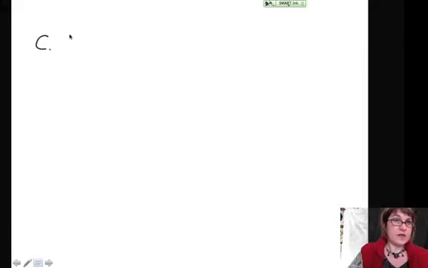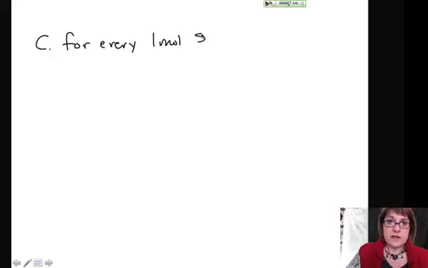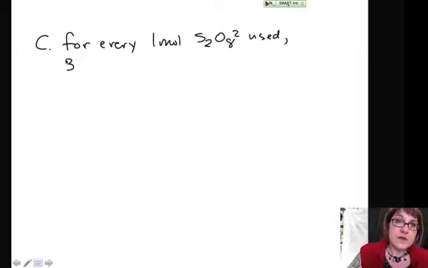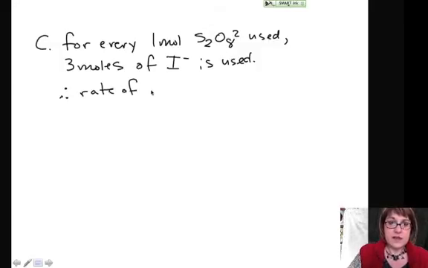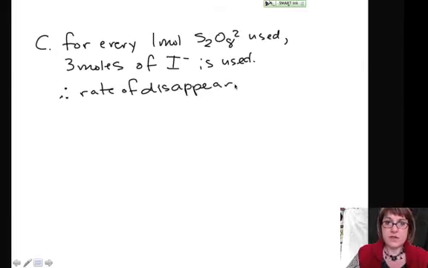So for part C, we can say that for every 1 mole of thiosulfate that is consumed, three moles of iodide will be used. That means that the rate of disappearance of iodide is 3 times the rate of the disappearance of thiosulfate.